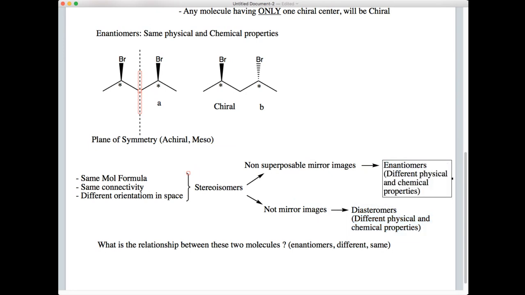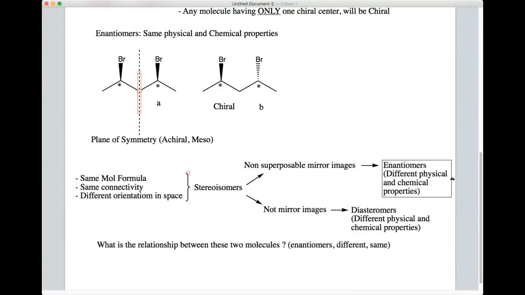So it's very difficult to tell that you have a mix of enantiomers, but it's also very simple to tell that you have a mix of diastereomers because they do differ in their physical and chemical properties, okay? So let's keep that in mind. So once again, two compounds with the same molecular formula, same connection, and different orientation in space, we're gonna call them stereoisomers. And then when these stereoisomers are non-superposable mirror images, we're gonna call them enantiomers.